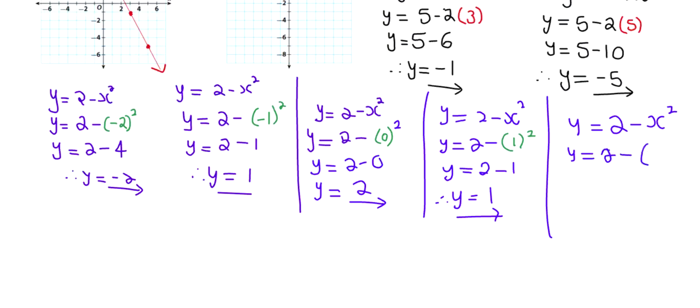So y equals 2 minus 2 squared, and 2 squared is 4. Then we know here that our y is going to be equal to negative 2. Since this is negative 2, you go to the table, then you write negative 2 right here.